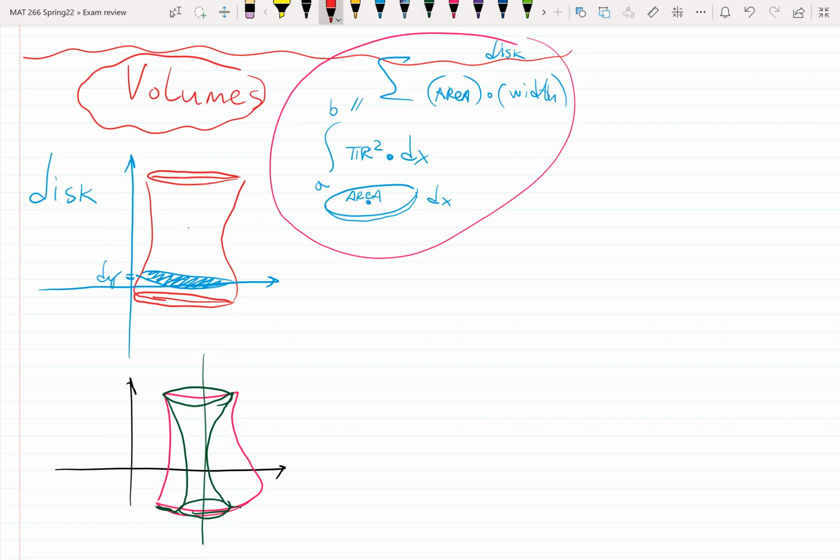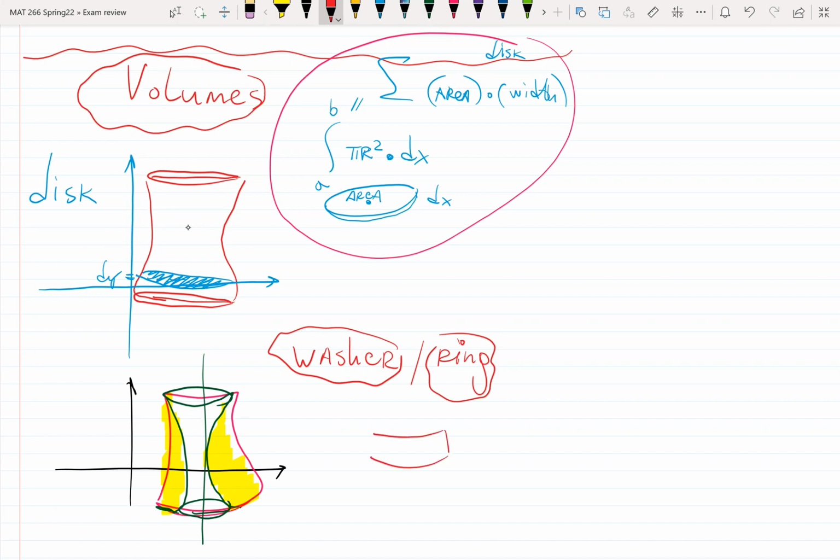If there is a solid part and a hollow, empty part, then this is what we're going to call a washer. I like calling it a ring, because I can see what a ring means. Washer kind of sounds like a washing machine, but actually they mean a washer from construction.